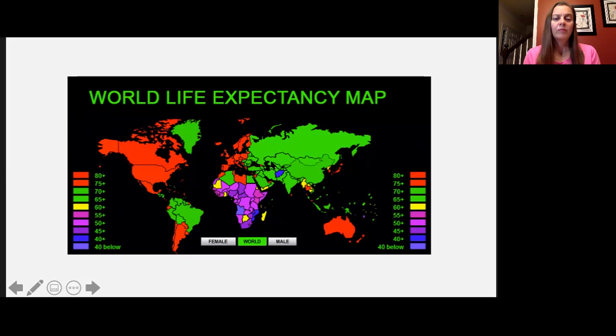In most of Asia, it is still relatively high, in the 60s, and the same for much of South America. And then in Africa, life expectancy is lower. This has to do with access to reliable food sources and to adequate medicine and sanitation. And in Africa, a big piece of that is water.